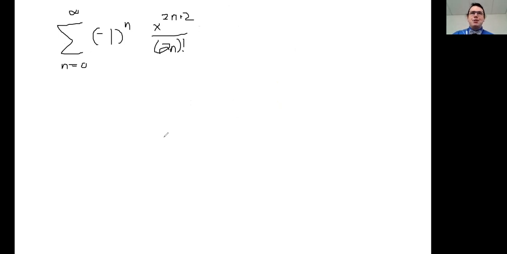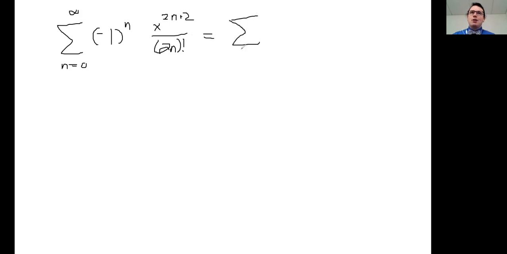So this resembles the cosine Maclaurin series very closely. The exponent always produces an even number. The denominator is always an even number, which I've taken a factorial of, and I have this minus 1 to the power n business. The only problem that I see then is that my exponent of x has this extra plus 2.